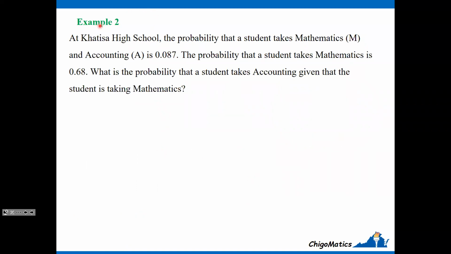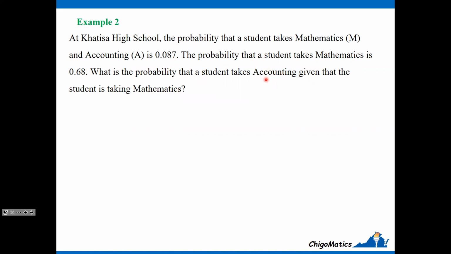However, example 2. At Katisa High School, the probability that a student takes mathematics and accounting is 0.087. The probability that a student takes mathematics is 0.68. What is the probability that a student takes accounting given that the student is taking mathematics? So we know the student is taking mathematics already, but we want to calculate the probability that he is also taking accounting.